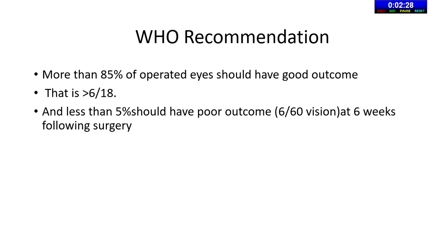Monitoring cataract outcomes is extremely important. WHO recommends that more than 85% of operated eyes should achieve a good visual outcome and less than 5% should fall in the poor visual outcome category.